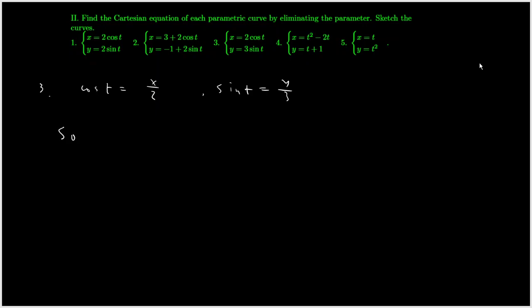So you have cos of t squared, which is x over 2 the whole thing squared, and then plus sine of t squared, y over 3 the whole thing squared, equals cos of t squared plus sine of t squared, which is 1. That's how we cancel out the t.